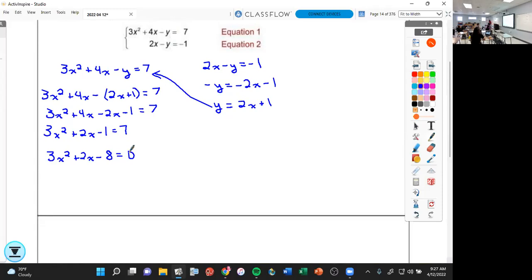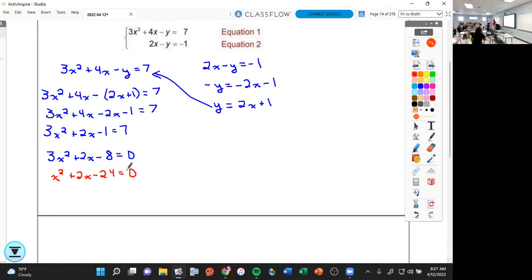Illegal math? Y'all remember doing illegal math? Let's factor this using illegal math. I'm going to take that 3 and multiply that -8 by 3. Okay? So I've got x squared plus 2x minus 24 equals 0.